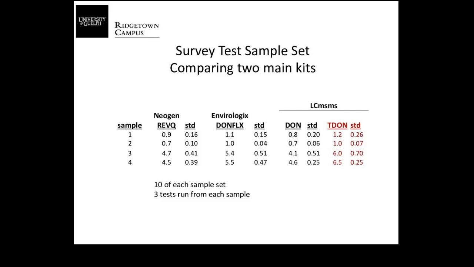And then if you want to compare the total DON to each of the results, then you can see that the Neogen test is testing quite a bit lower than total DON, but is testing very close to the actual DON, whereas the Envirologic test is testing closer to the total DON than it is to the actual DON.